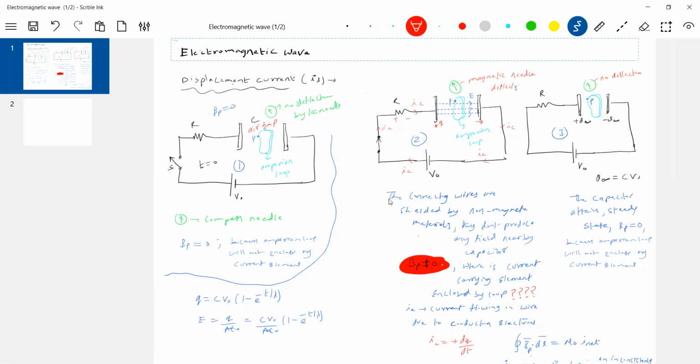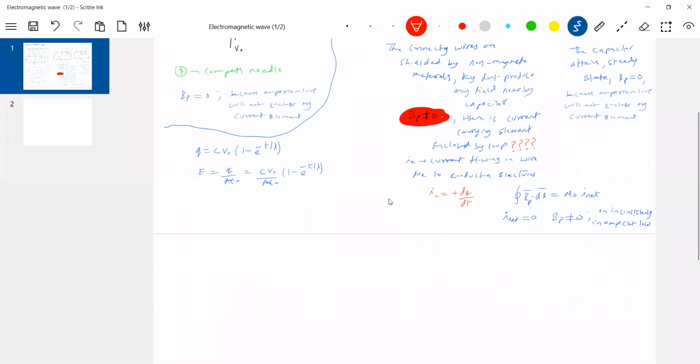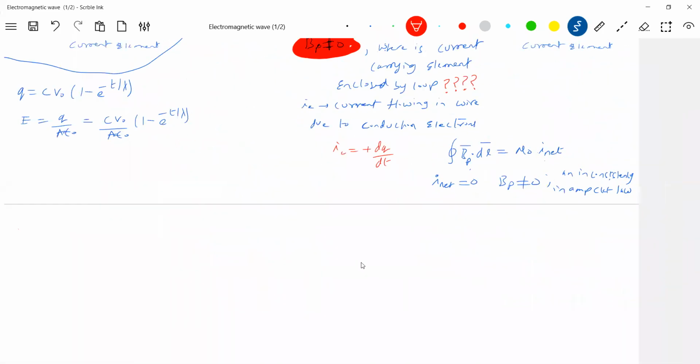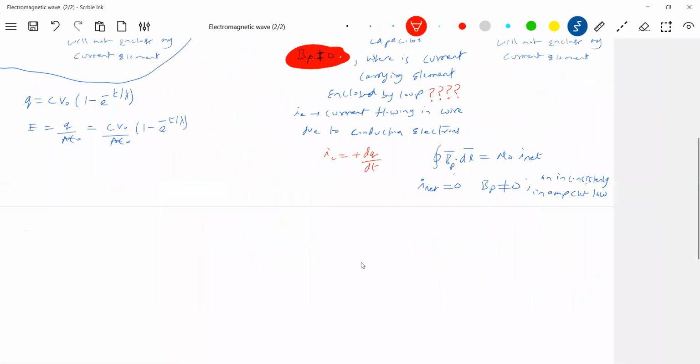So let's proceed like this. What is the displacement current? We'll define it like this. The displacement current which is flowing there is equal to epsilon naught into the rate of change of electric flux.